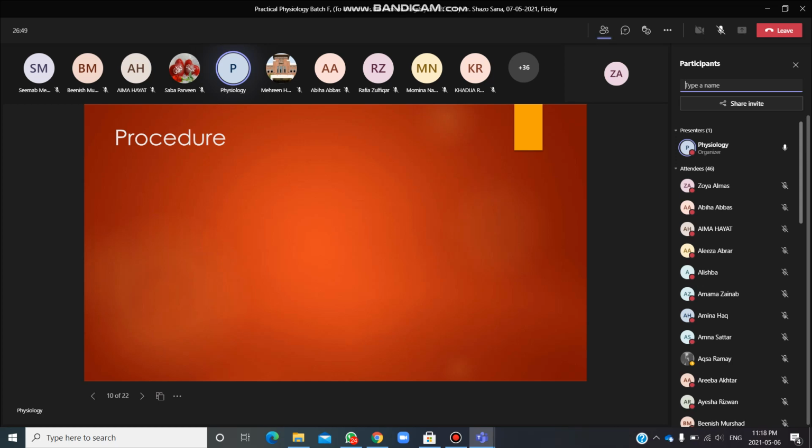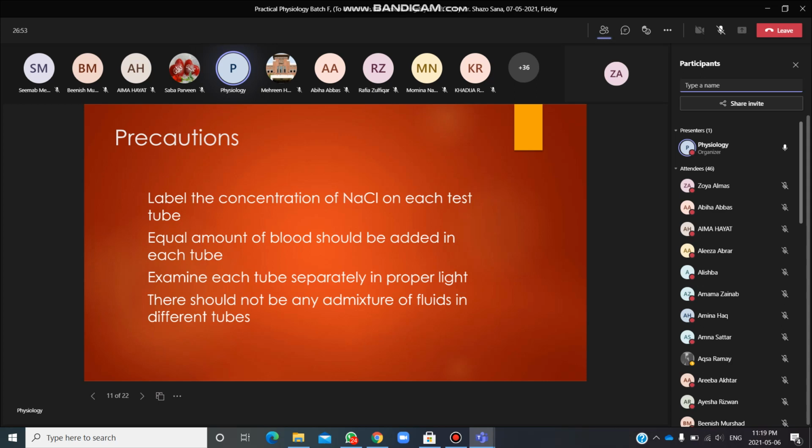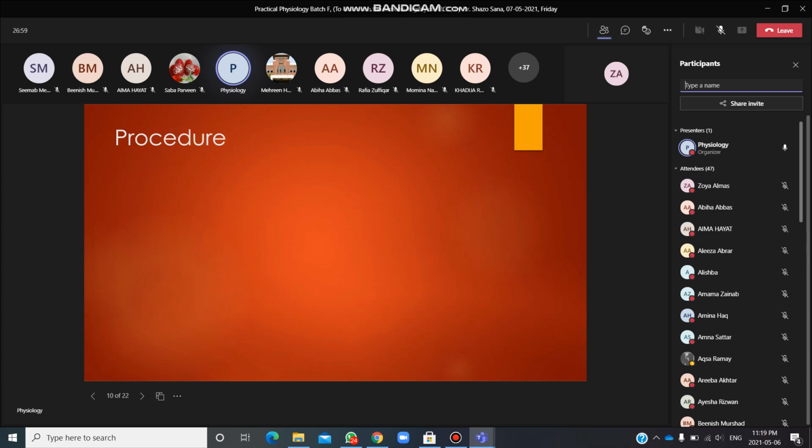After that, for further preparation of decreasing strength of saline, what will you do? You will use distilled water with the 0.5% saline solution. For all the other tubes, we will put 24 drops of 0.5% saline solution and then add 1 drop of distilled water to it.